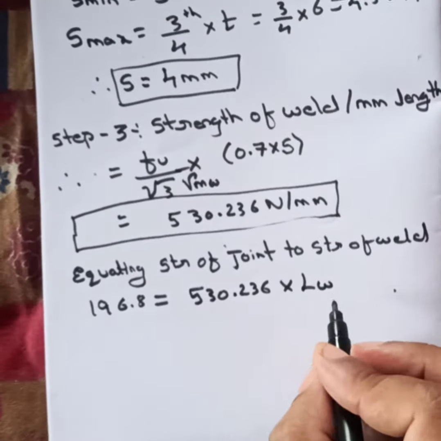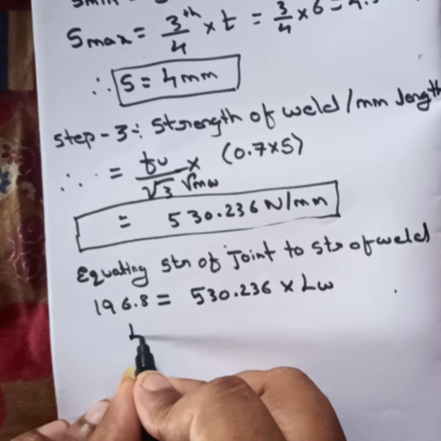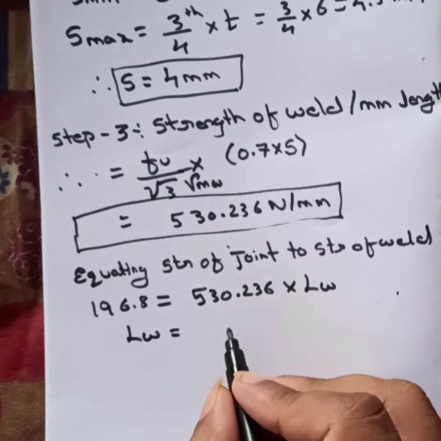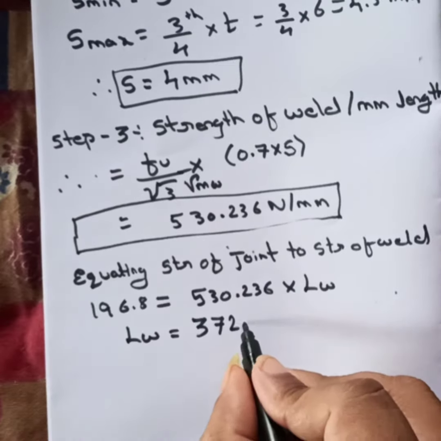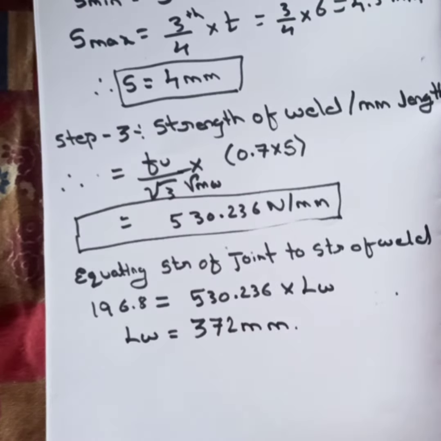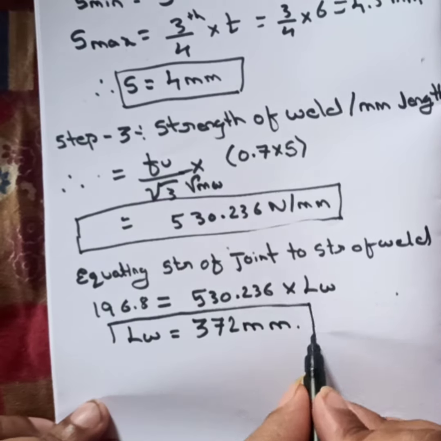I want to find the total length of the weld. I will get LW, which comes around 372 mm. So this is the total length of the weld which we need to provide.